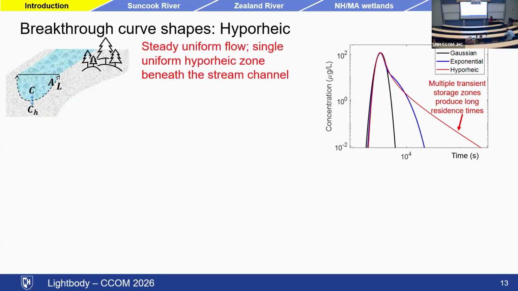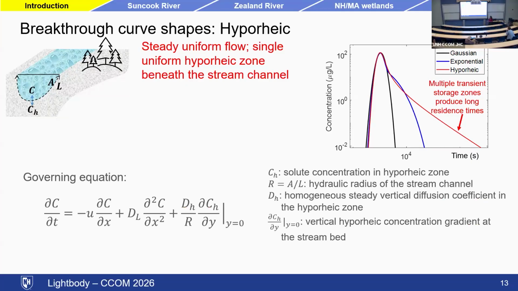One way of representing this is a single uniform hyporheic zone beneath the stream channel, where the material right at the top exchanges very quickly with the surface water, and farther down it exchanges more slowly, but it's uniform over the length of the reach.